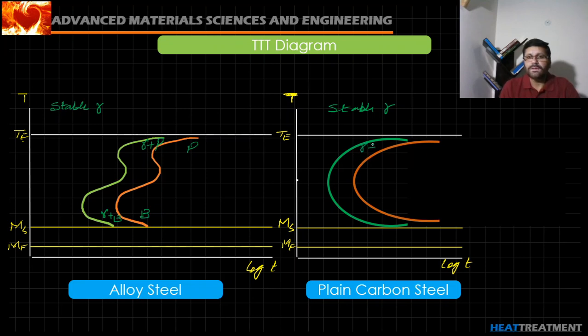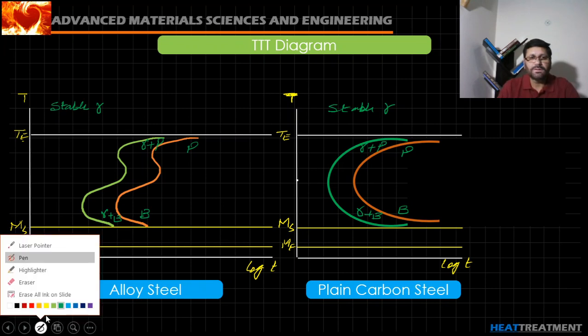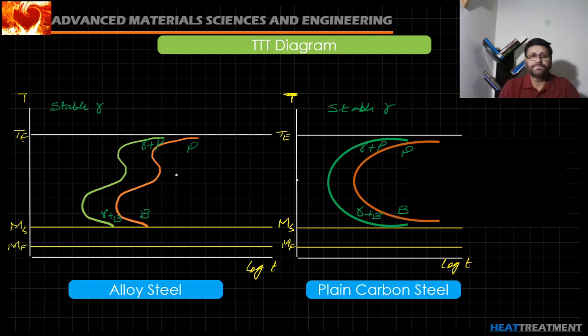Again here austenite plus pearlite, austenite plus bainite. Now we will look carefully at what changes or modifications happen for the case of alloy steel, which are not there for the case of the plain carbon steel.